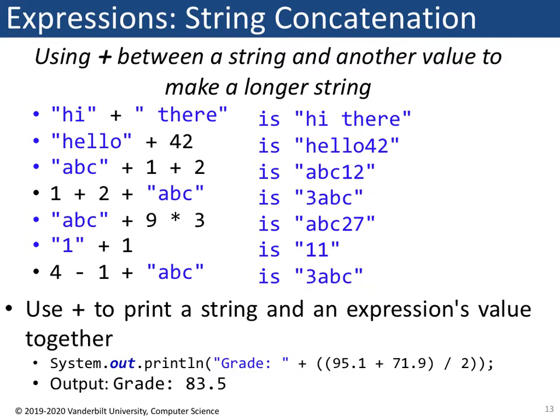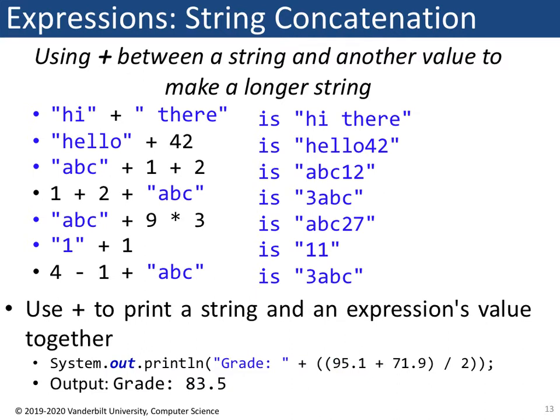Using plus to concatenate values and strings is very helpful when you want to display a string or explanation with a numeric value. As an example of this, System.out.println, we can do a println statement that shows the explanation "Grade: " with a colon and space, followed by the expression which determines a student's grade.